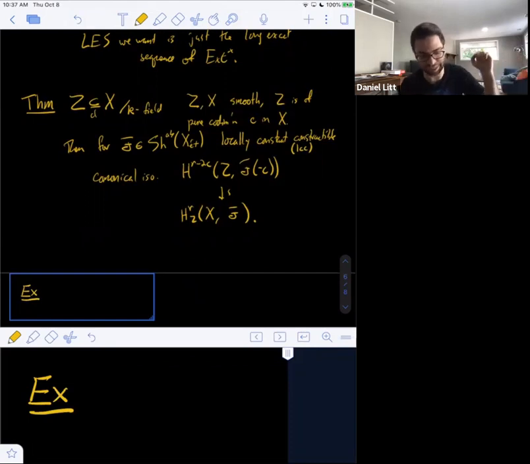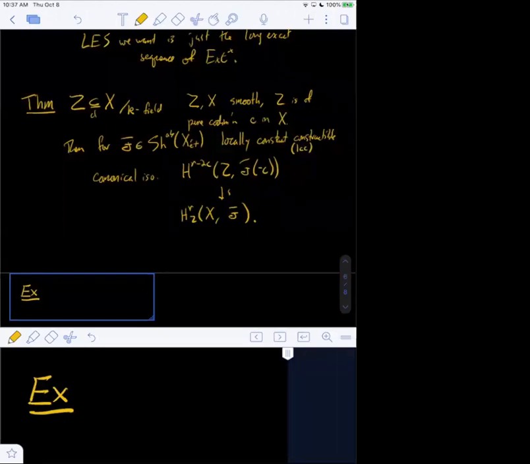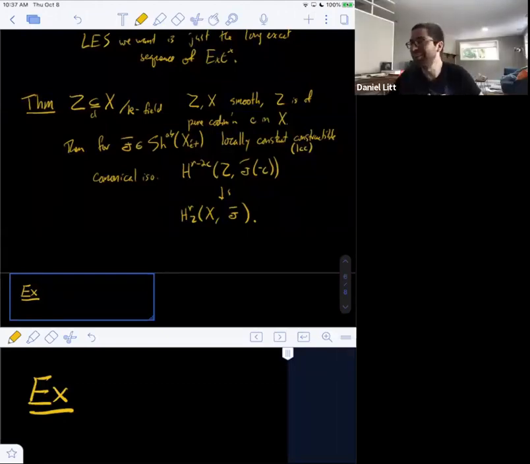So a Z inside of X, where Z and X are both smooth, and Z has codimension, say, 1 in X. Smooth curve in P2. Okay, that one's too hard because we don't know the cohomology of P2 yet. But maybe we can do a point in a smooth curve.